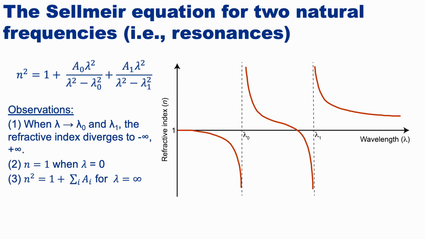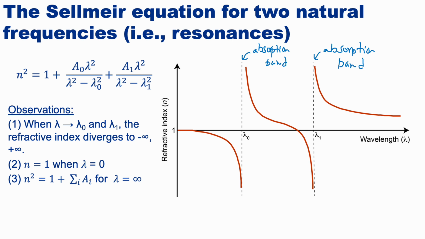If we plot the Sellmeier equation, we see that every time the wavelength approaches a resonant wavelength, the refractive index diverges, and this tells us that here we have an absorption band. And the same here: every time this happens, it means that we have an absorption band.